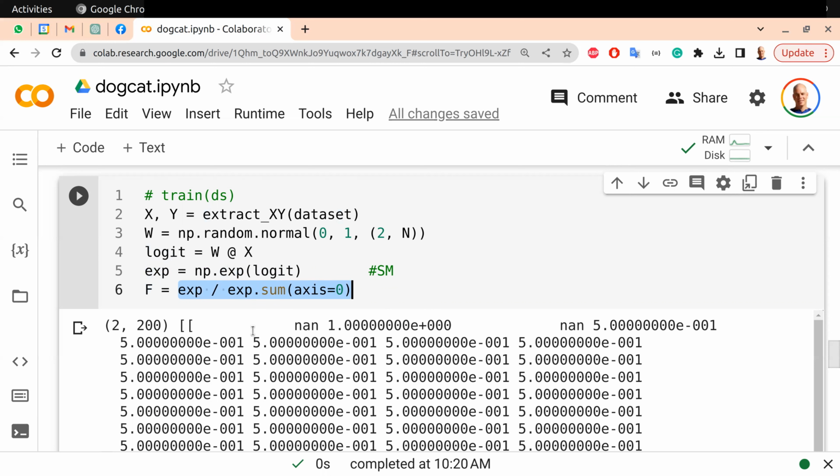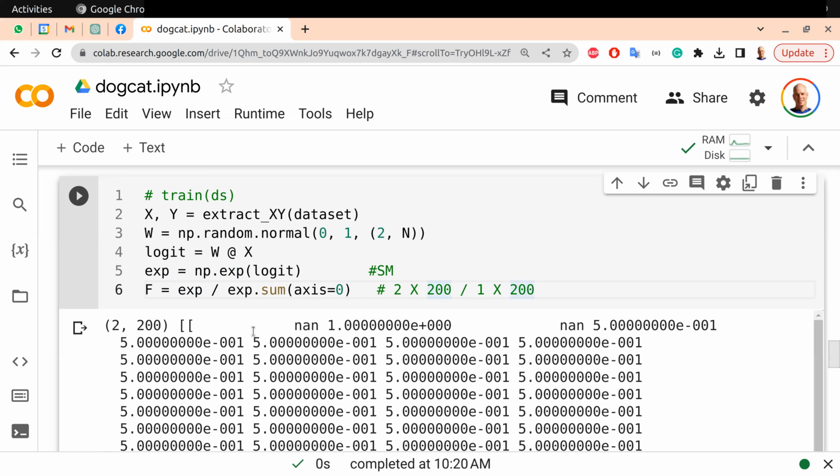Yeah, it's normalization, but it's not entirely clear in terms of dimension, because EXP is actually 2 by 200, and I'm dividing it by a vector of 1 by 200.